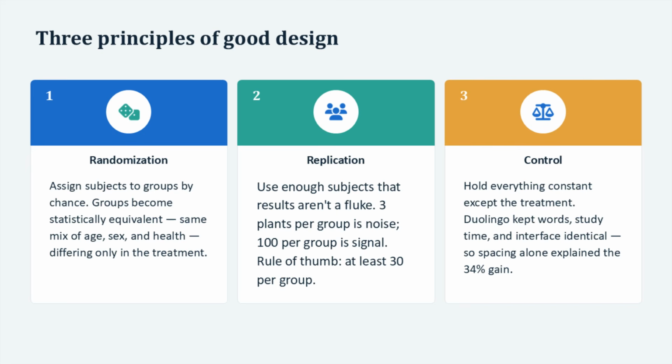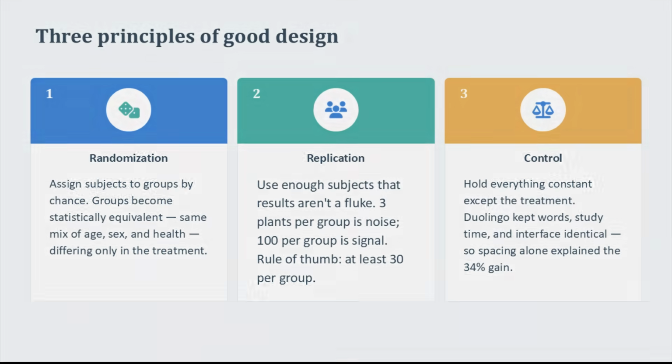Together, they help us design an experiment where we can make a much stronger argument about cause and effect. Whenever you look at an experiment, train yourself to ask, were the groups randomized? Was the study large enough? And were the important conditions controlled? Those three questions will tell you a lot about how much you should trust the conclusion.